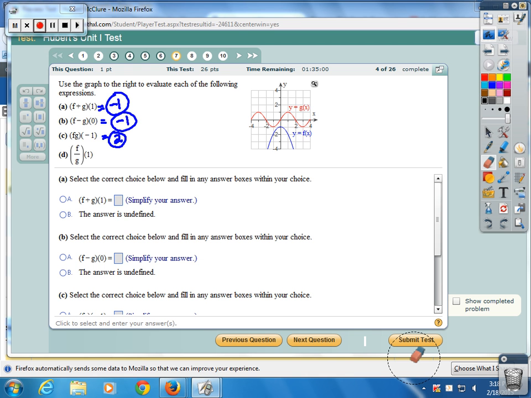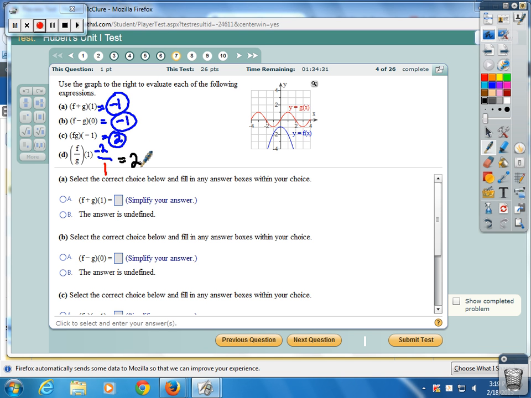F of 1 is what? Negative 2, so that's the blue, sorry about that. I thought the red was f of that. And g of 1, right here, is what? Positive 1. And what's your answer? Negative 2 is your answer.